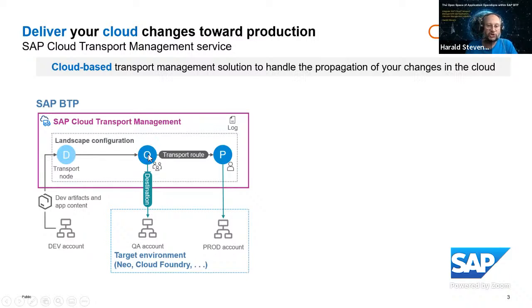Then it reaches eventually the QA node, and from there you trigger the import. Then the content is deployed to the QA sub-account or QA tenant. And the transport then moves further on to production and is then imported into the production sub-account. So this is more or less how it's used.